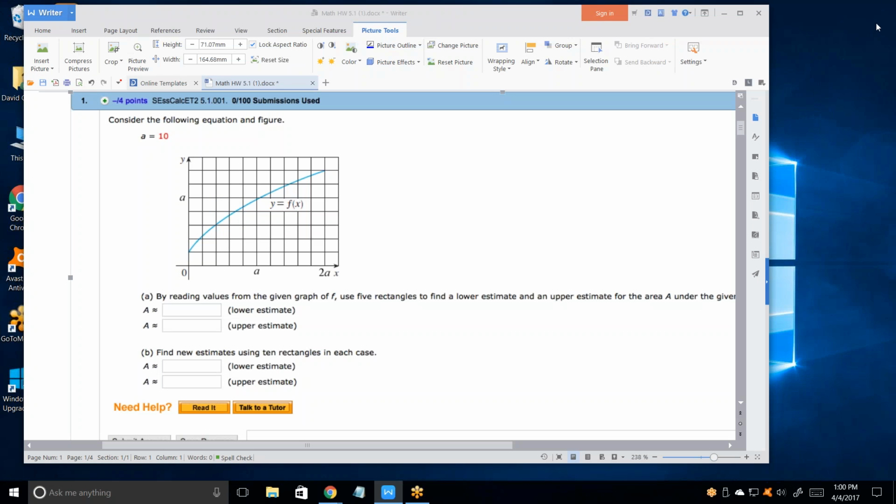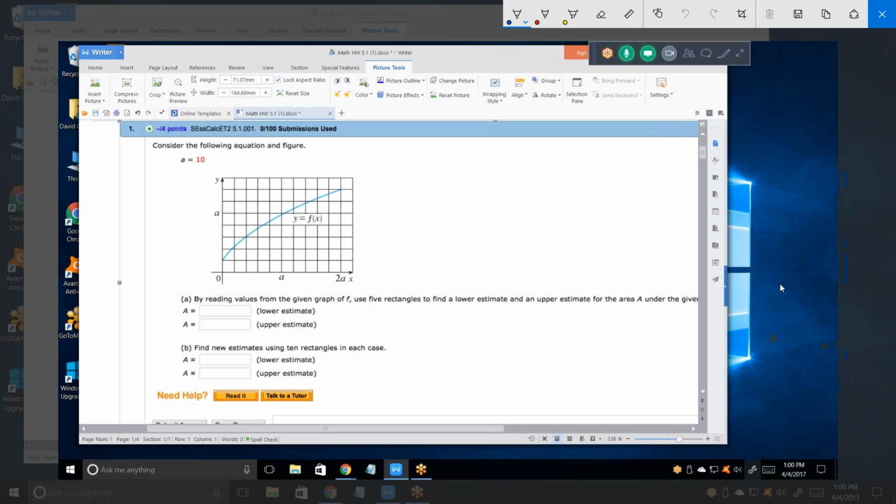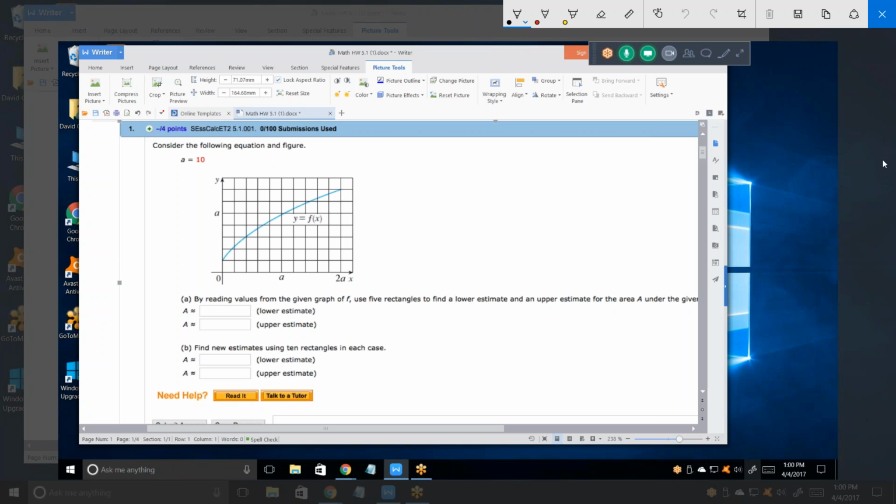Let me discovered a neat new tool on my computer that I didn't know I had, but it's pretty cool. What it allows me to do is write on your document.